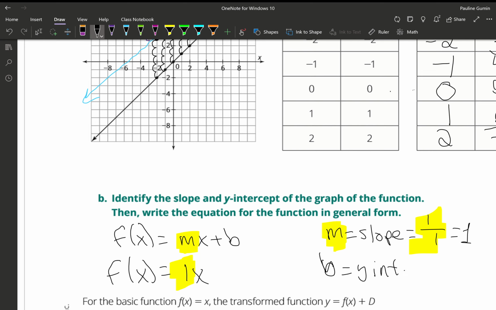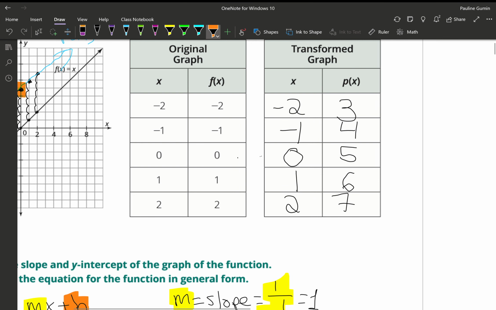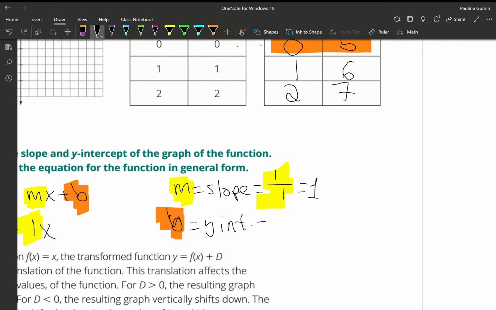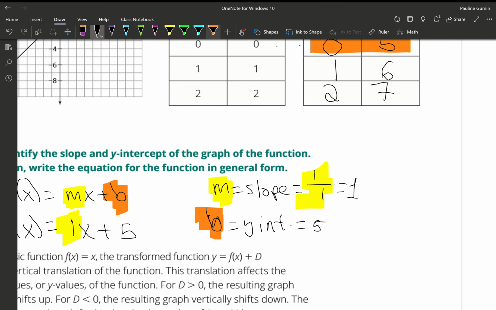There's 2 ways of finding it, right? There is looking at our table and looking at the graph. So on the graph, it's where I cross the y-axis, so it looks like it's at positive 5. Or we can look at our table, 0, 5. So 5 is our y-intercept. That's actually pretty nice. It's a positive 5, so plus 5. There's our equation.